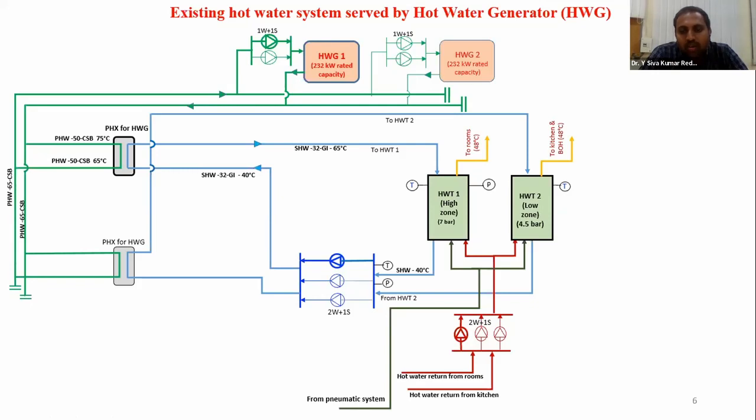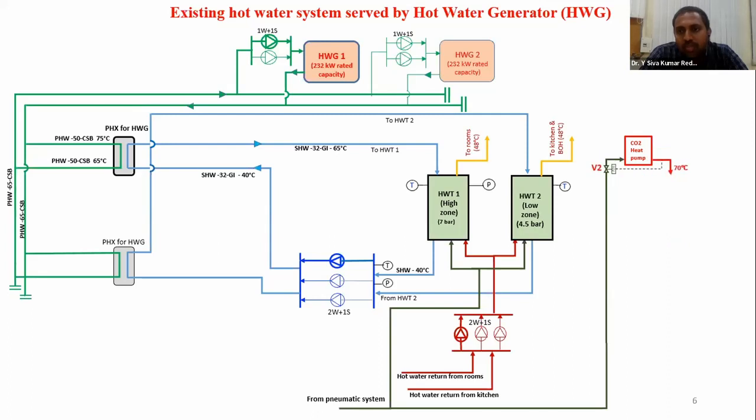So now I will show how we are proposing our CO2 heat pump chiller to be integrated in this system. First, we are tapping cold water from the pneumatic system, and we are supplying this cold water to the CO2 heat pump, where it is heated to nearly 70 degrees in the gas cooler.